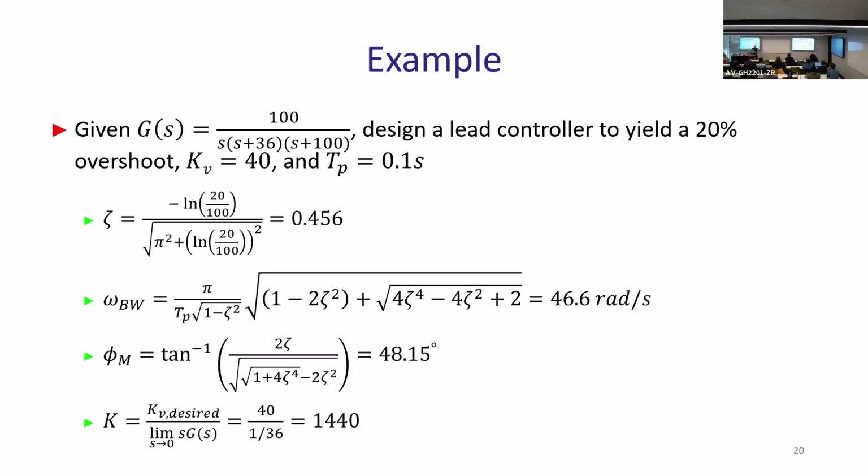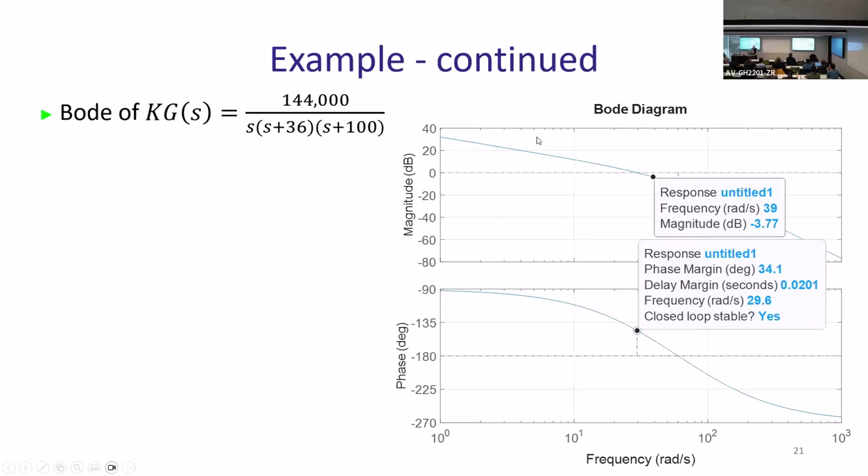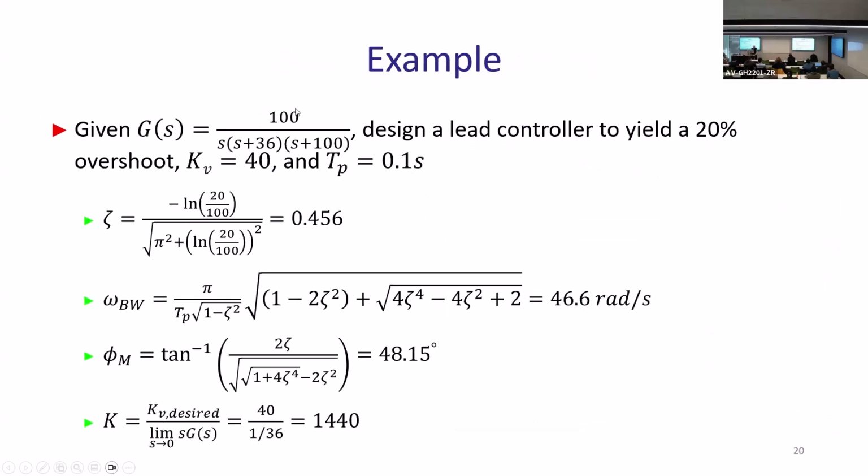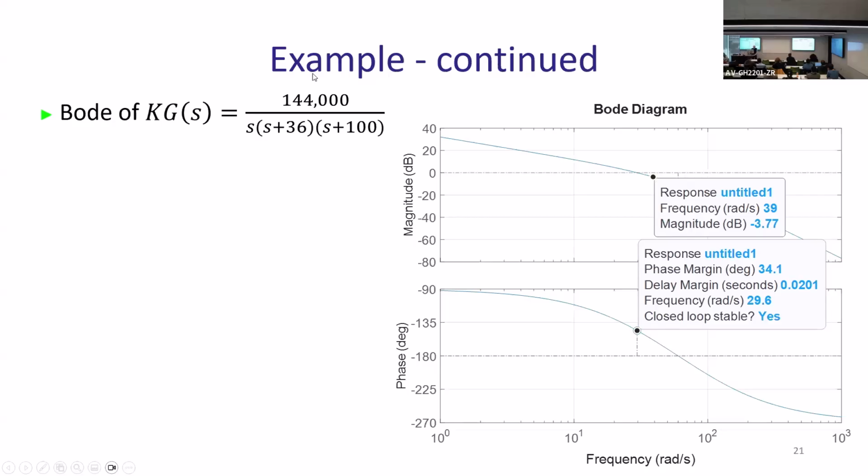Okay. So now we will plot the transfer function, which is 1440 times 100, and 100 is coming from here. So practically multiplying k by g. So this is k times g. Okay, so far, just multiplying k by g, I get the transfer function and put both gain and phase in the Bode diagram. Don't pay attention right now to these pieces yet.